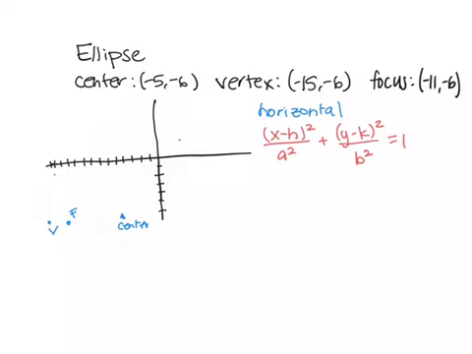So what we know is we know that h comma k comes from the center. So we were essentially given h and k in what was provided to us. We know that a is the distance from vertex to center.